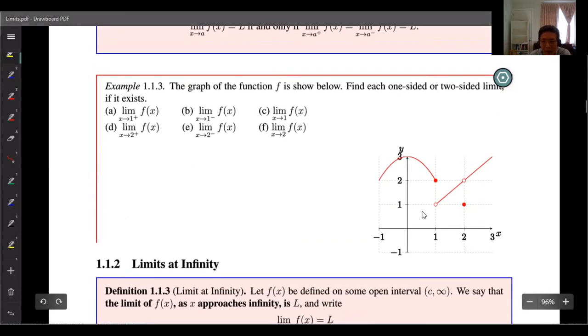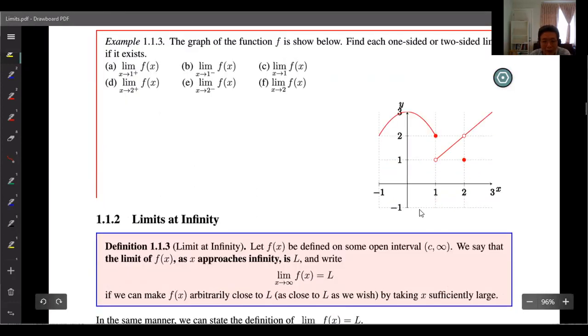We can do this one quickly. Let's see this one, for the one-sided and two-sided limits. Everybody try this one, please. A: the right-side limit of f as x approaches 1.